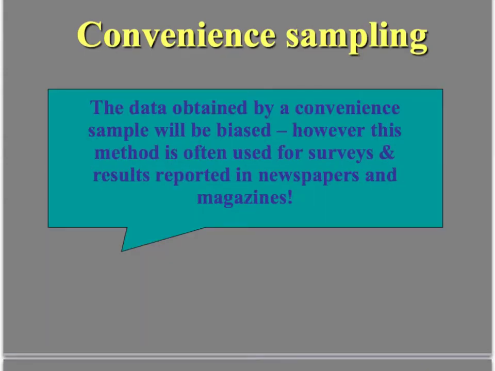Now, although the data attained in these convenience samplings is biased, that method is also often used for surveys, and the results are often reported in newspapers and magazines. I think I mentioned the first period about how a statistics class in Arizona responded to an internet survey for a newspaper about who was going to be selected as a vice presidential candidate in the 2008 election.